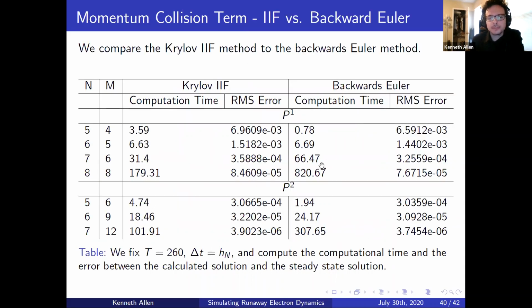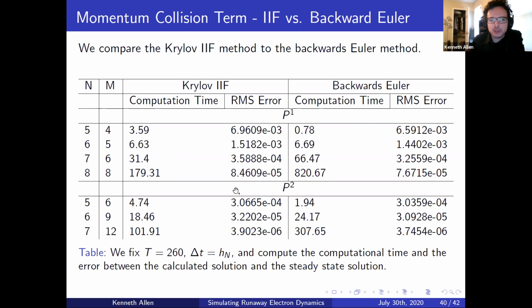So again, we're comparing this IF method to this backward Euler method. For this case, again, we don't need to choose M to be very large. We can choose M to be between 4 and 12. And again, this IF method takes a shorter amount of time.